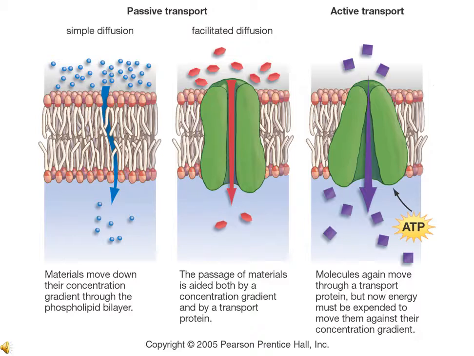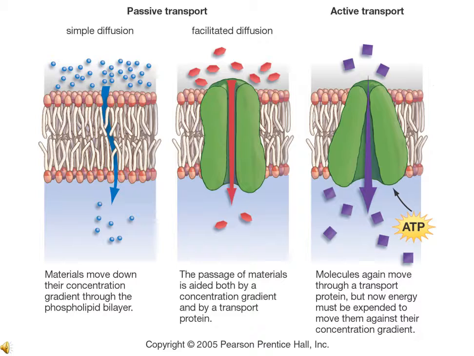This molecule provides the energy for the protein to basically pull those blue molecules through and deposit them within the cell. You notice that the molecules on the outside of the cell have a lower concentration than the molecules on the inside of the cell.